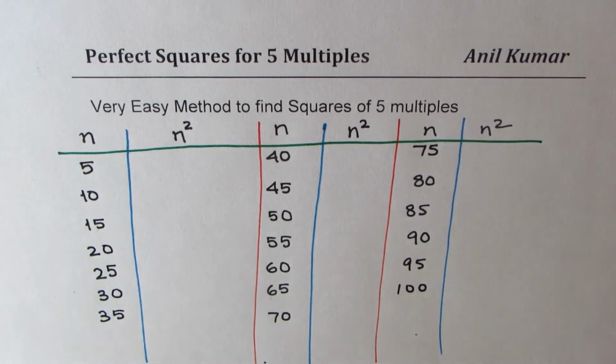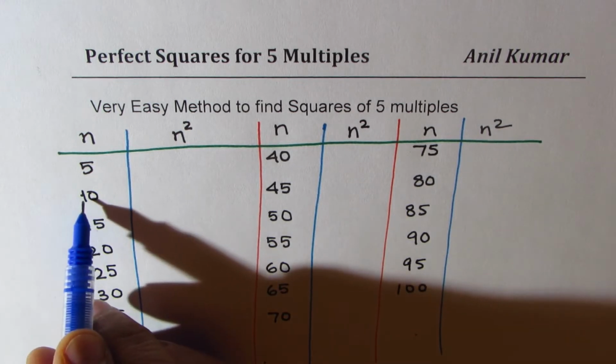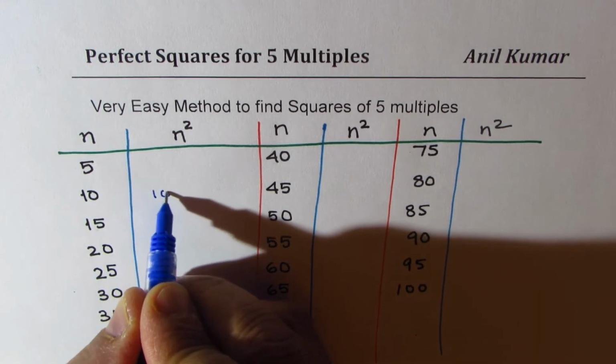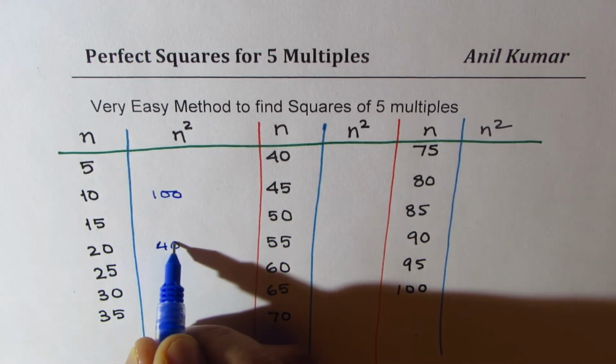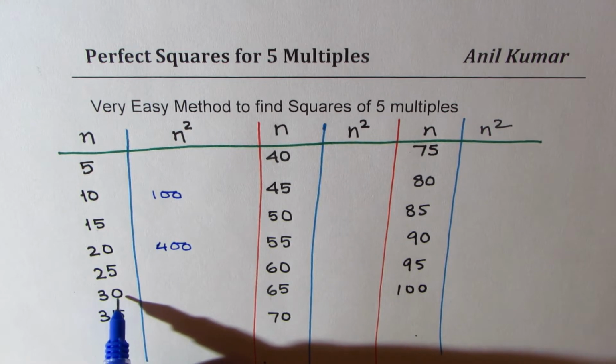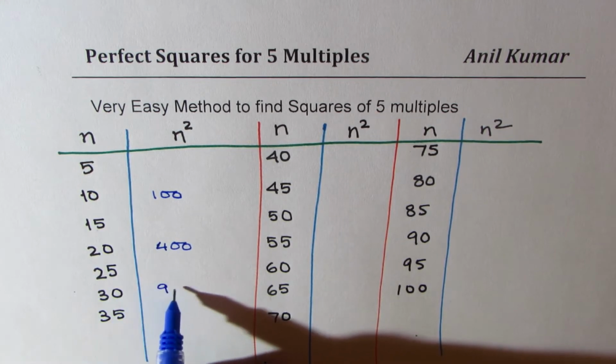Now let's begin with the numbers ending with 0. Those are simple to tackle. For example, 10 square, you know, is 100, right? Easy. 20: 2 times 2 is 4, so 400. Now 30 times 30 is 900, right?